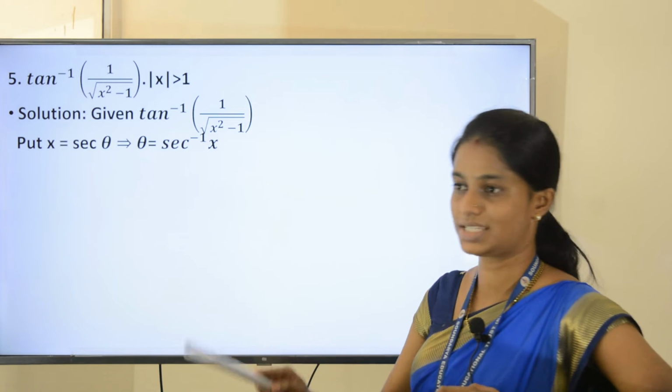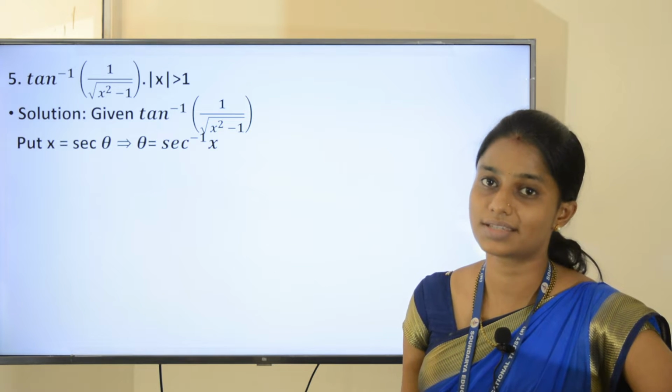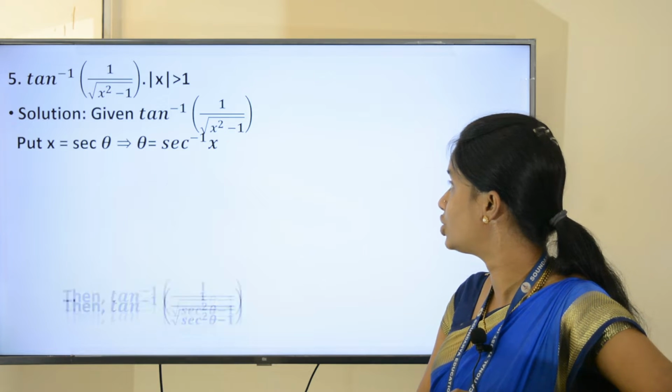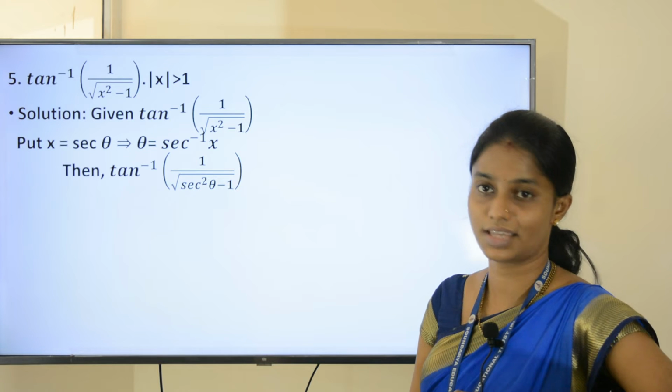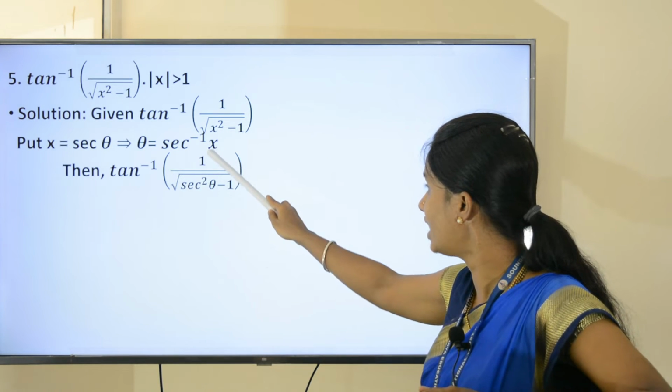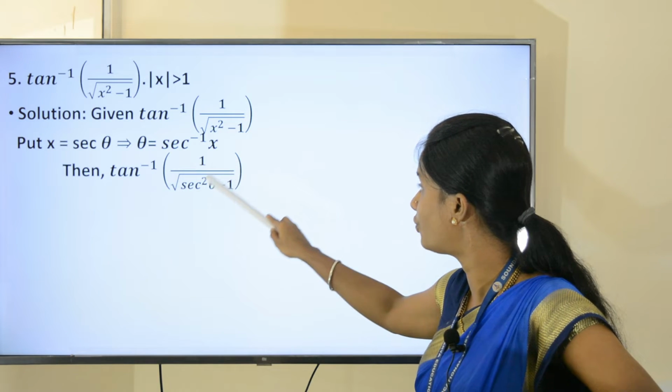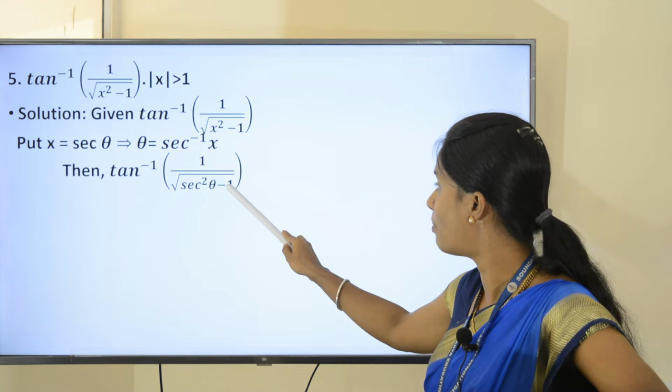Theta can be replaced with secant inverse x. Now we'll substitute x is equal to secant theta, that is 1 divided by square root of secant square theta minus 1.